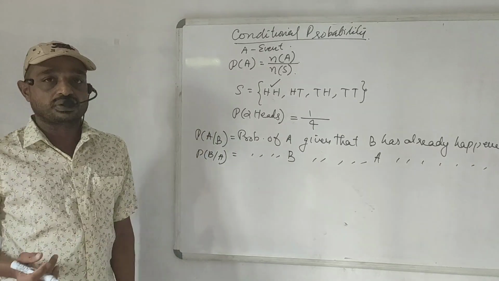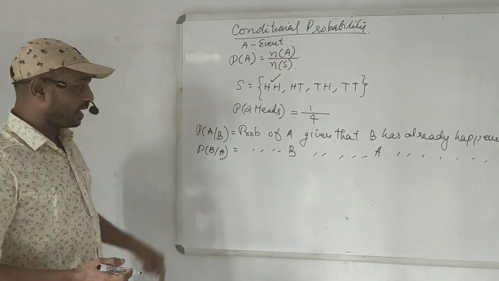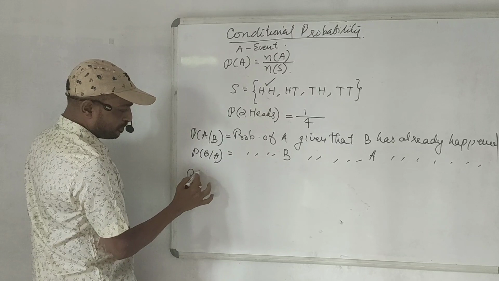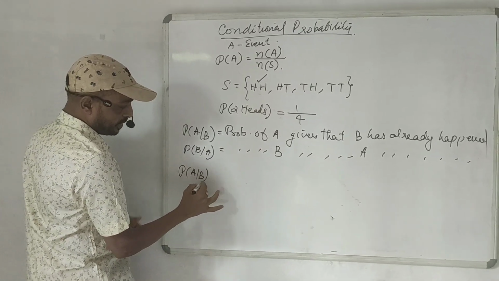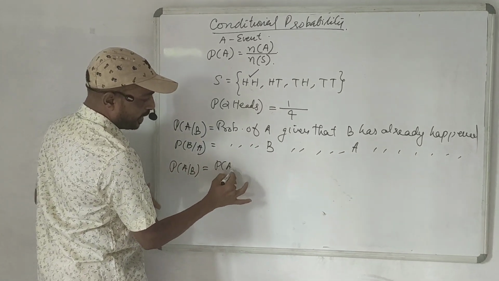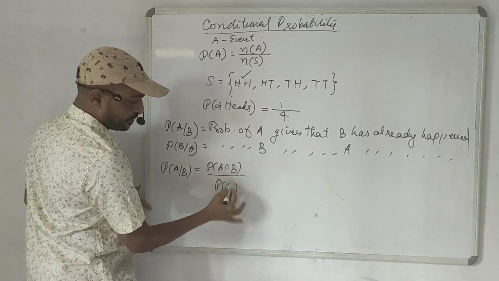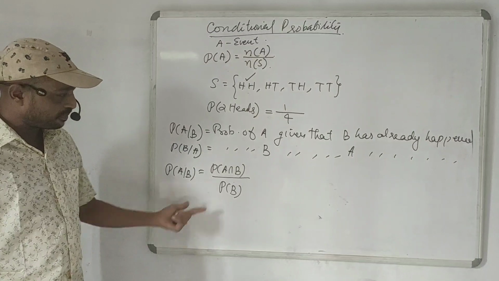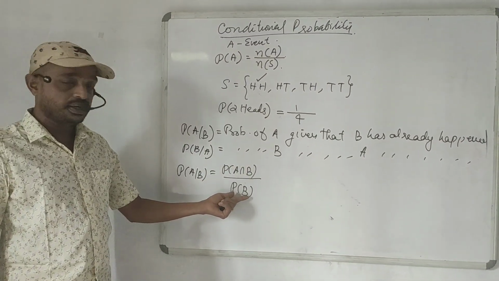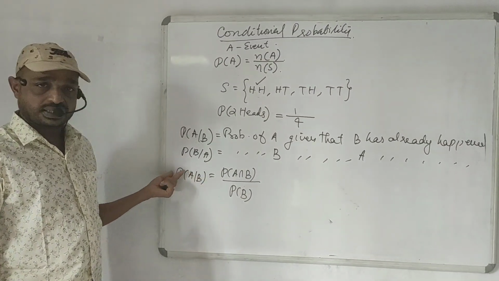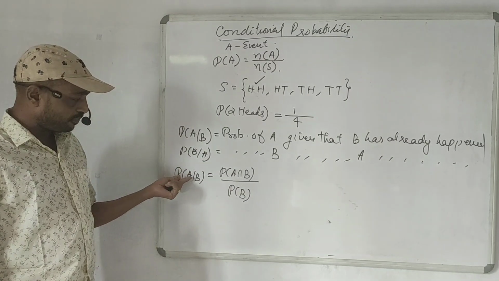Now let us find the formula for calculating P of A given B. P of A given B is P of A intersection B divided by P of B. So you simply understand the rule. How will you calculate P of A given B?